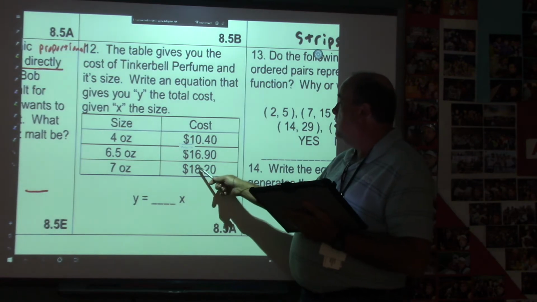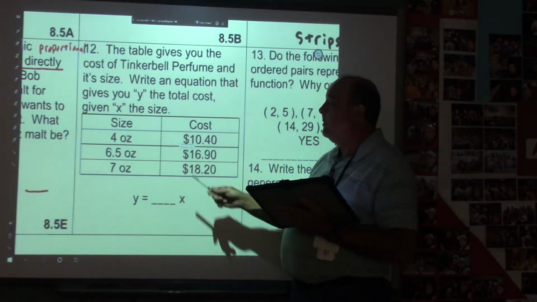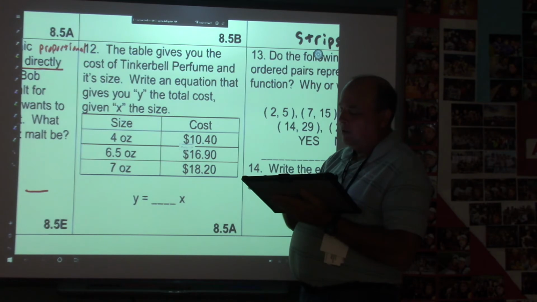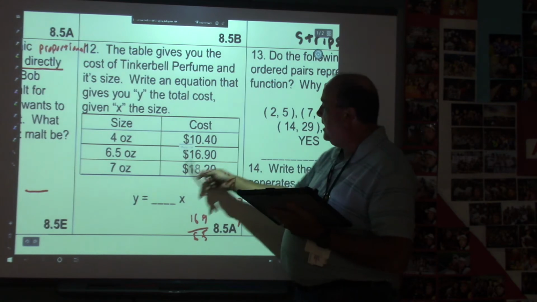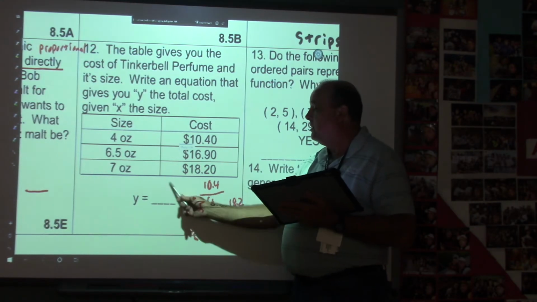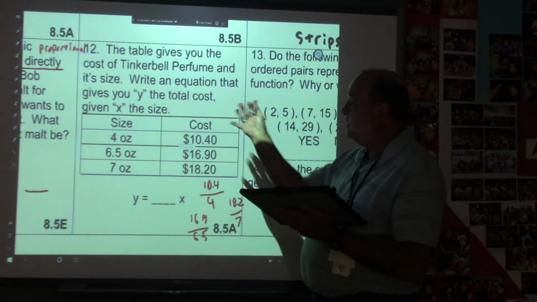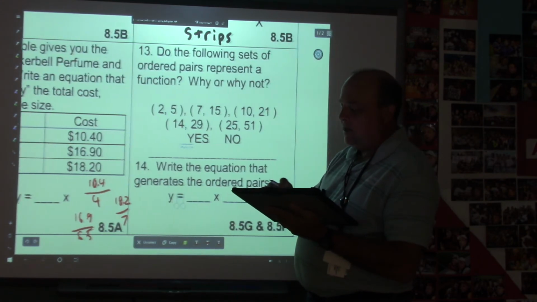So you take 10.4 divided by 4, 16.9 divided by 6.5, 18.2 divided by 7. That answer is going to go right here. That's going to be your constant of variation, okay? Because it's proportional.